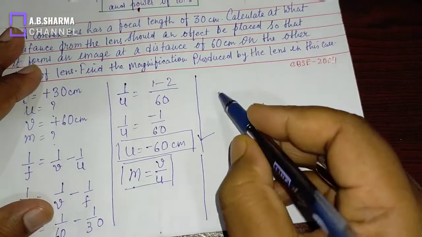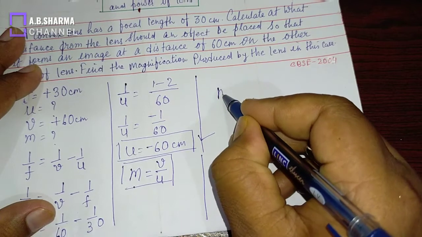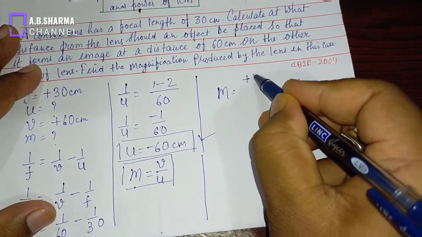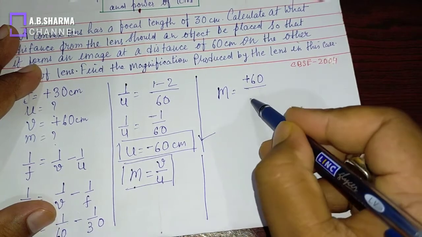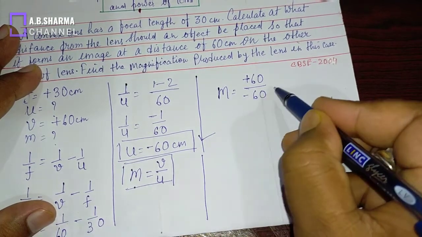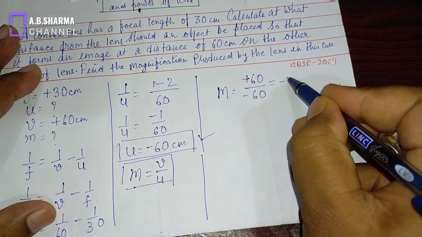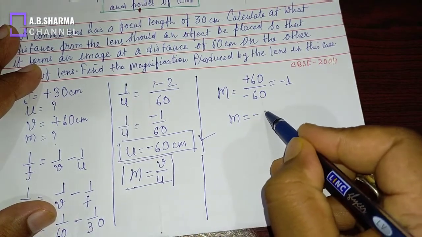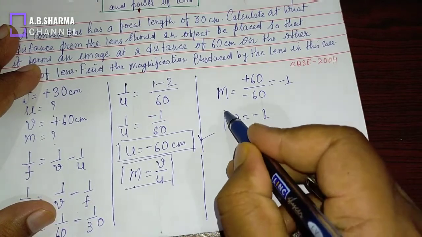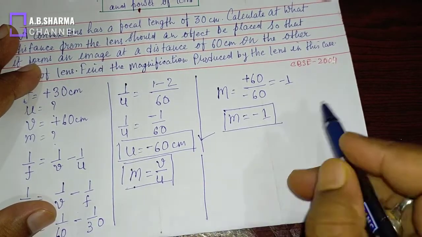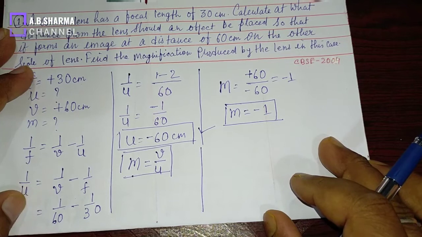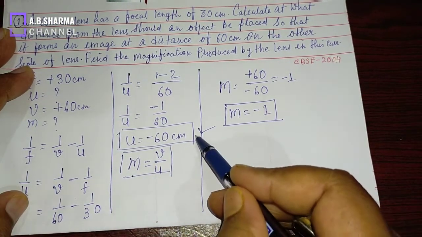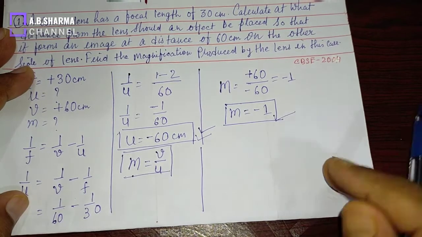So putting this value, m equals to v is plus 60, or simply 60 you can write, and this is minus 60. So this will be minus 1. Means magnification will be minus 1. This is the answer. So first you try to solve this question, then see the solution. This is the object distance and this is the magnification.